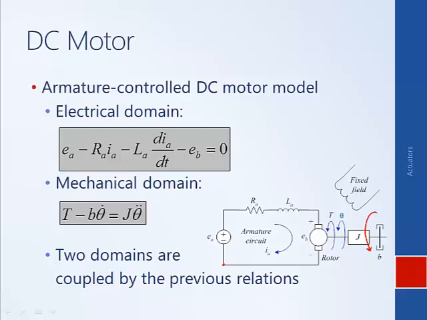For example, the relationship for back EMF and the relationship for motor torque, I will provide you. Similarly, if I gave you a speaker or a solenoid or a sensor or something like that to model, I would again give you these coupling relationships, these electromagnetic inductive relationships.